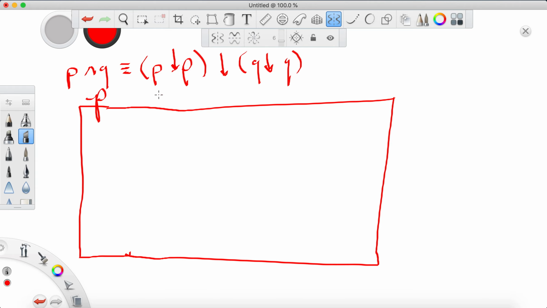Okay, so this is going to be P and Q and P, neither P nor P. I guess I should maybe use a different color. Okay, so P, Q, neither P nor P, neither Q nor Q.